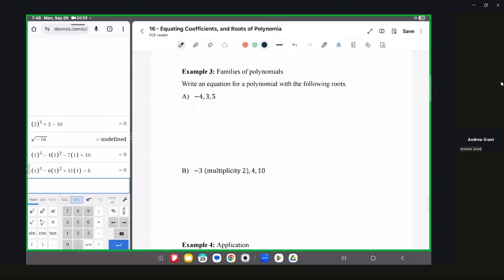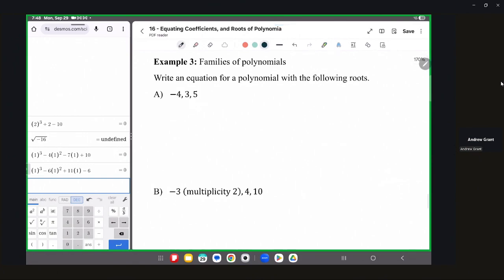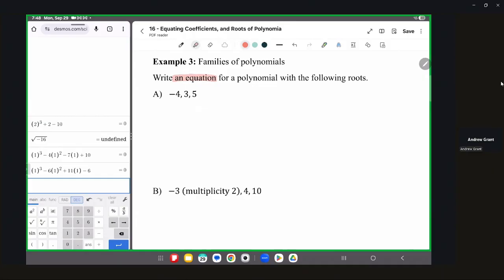Okay, question 3. We're dealing with families of polynomials. So we want to write, and this is a very unusual math term, an equation, meaning any equation for a polynomial with the following roots. So it has to have roots of negative 4, 3, and 5. And so when we write this as a polynomial, we have f of x is equal to k times x plus 4 times x minus 3 times x minus 5.